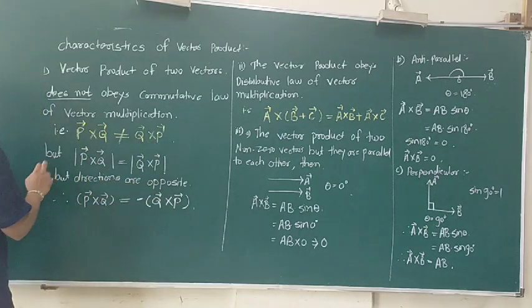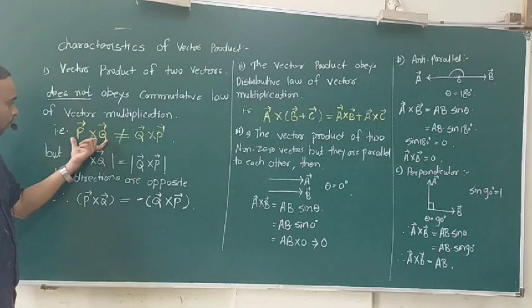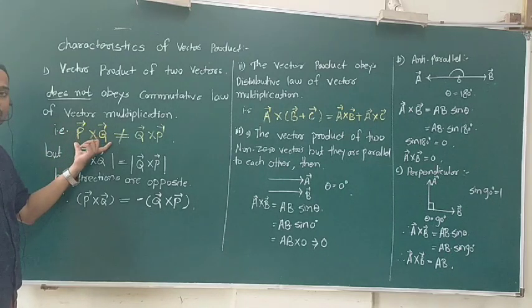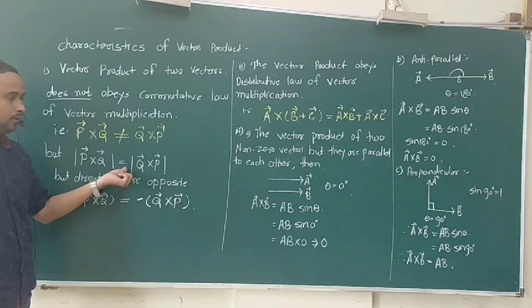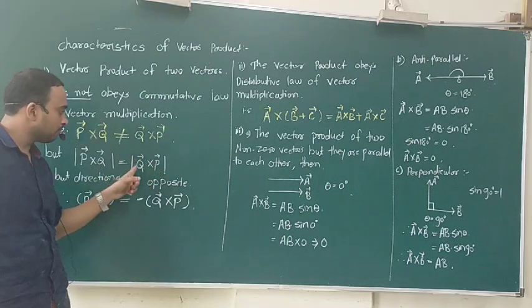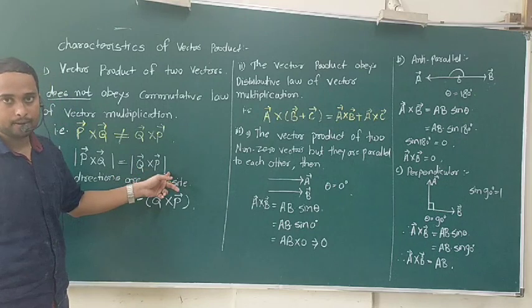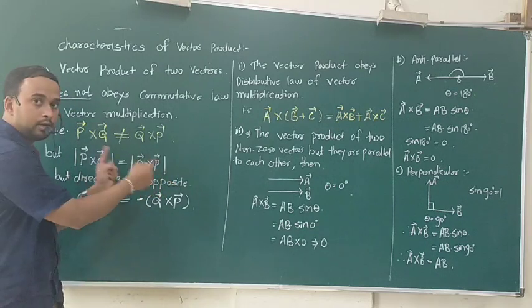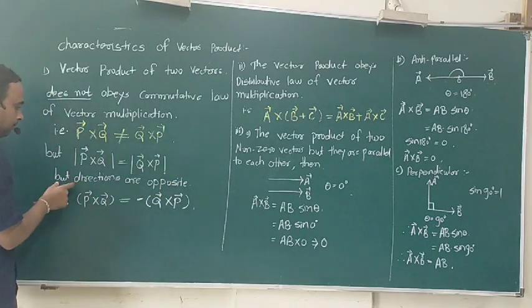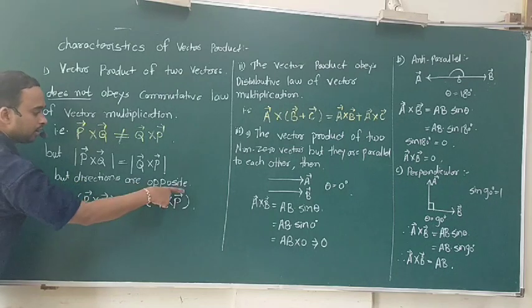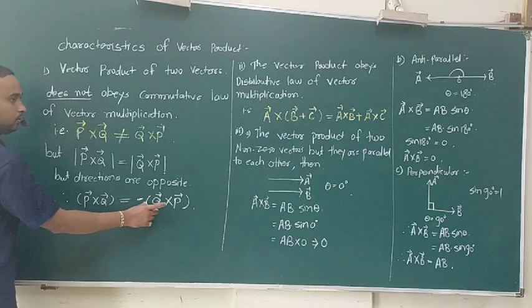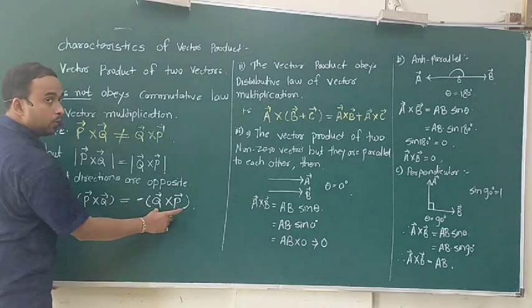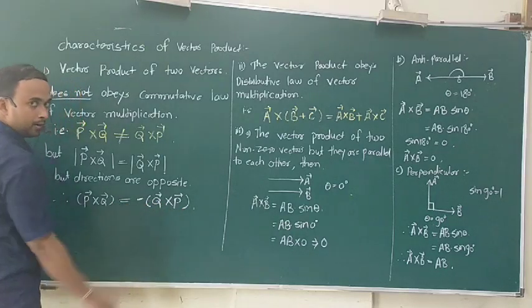But the magnitude of p bar cross q bar is equal to the magnitude of q bar cross p bar. The order is different, but the directions are opposite. So we can write p bar cross q bar is equal to minus of q bar cross p bar.